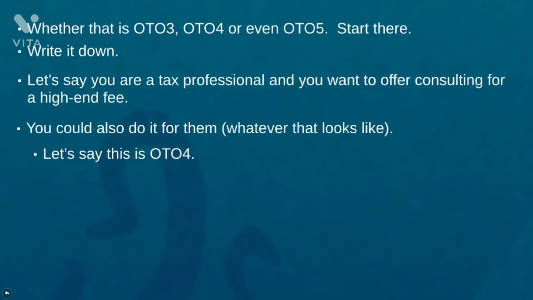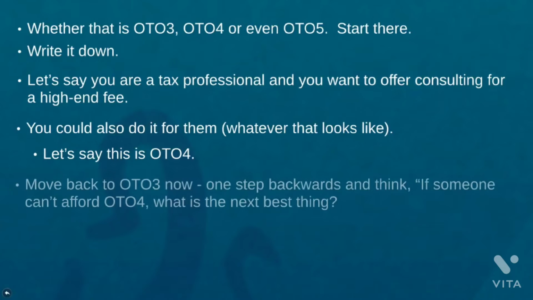So let's say, for example, that we have 4 one-time offers, and we'll start with one-time offer number 4. So what we need to do is figure out, okay, one-time offer 4 in this case is the person offering consulting at a high-end fee. From there, you need to move one step back to one-time offer number 3. So basically one step backwards and think, all right, if someone cannot afford one-time offer number 4, what is the next best thing?